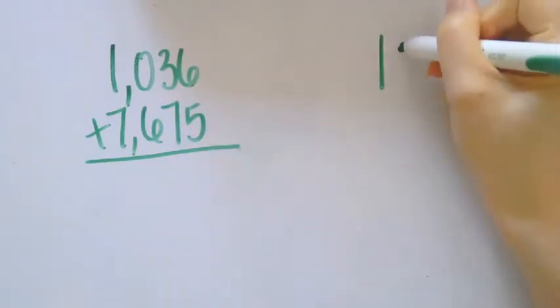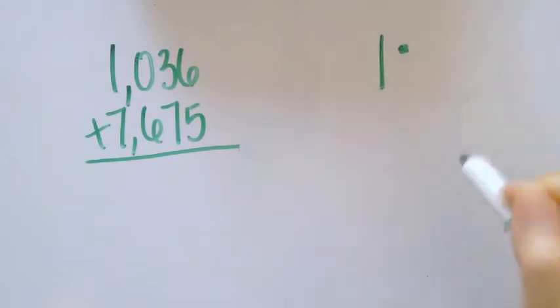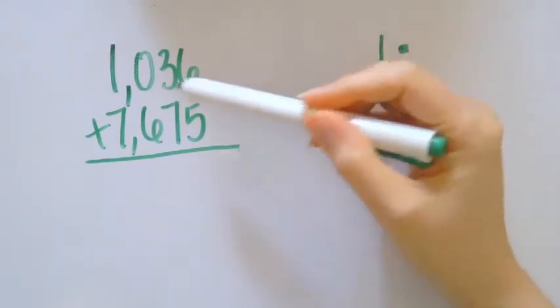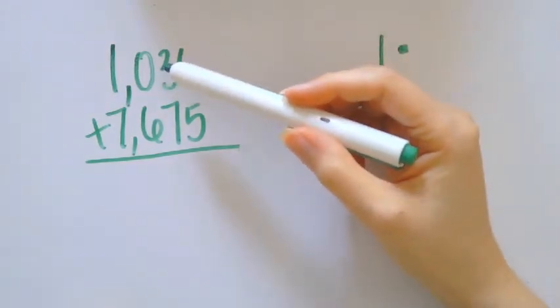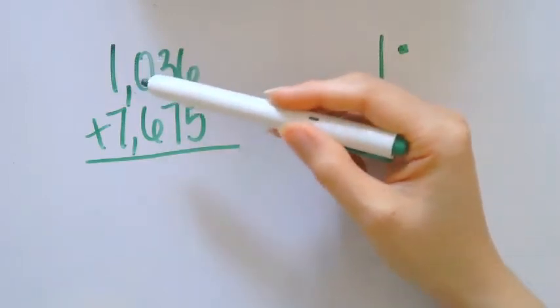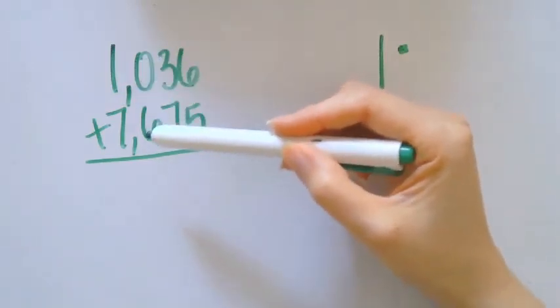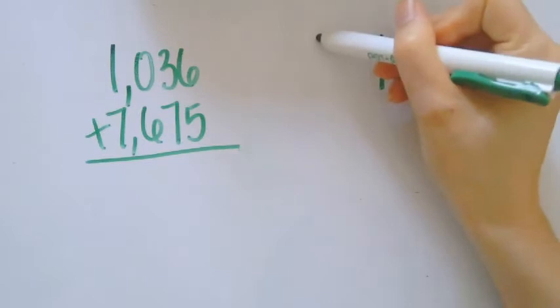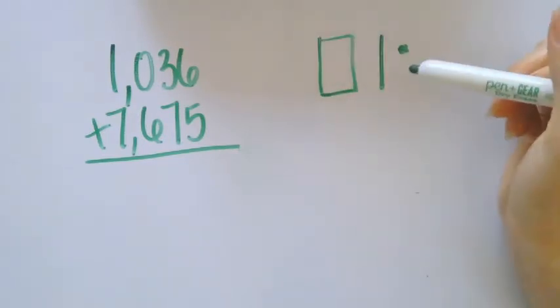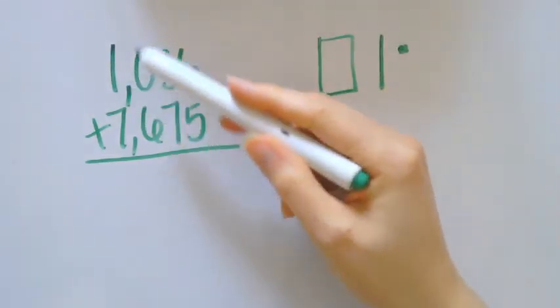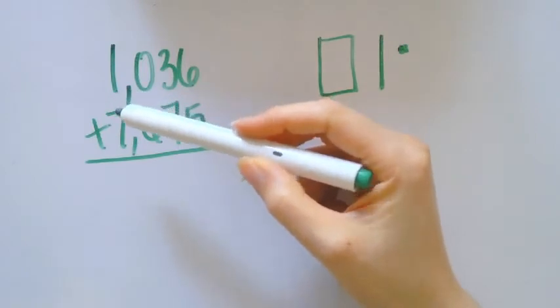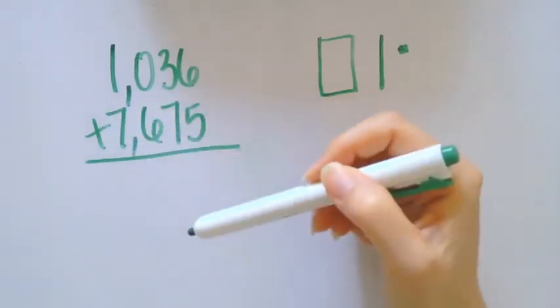Okay, so sometimes these little squares will actually look like this, but I thought the dot would be faster. All right. And in our hundreds place, we see 0 hundreds and a value of 6 hundreds. And then our thousands place represents 1,000 and 7,000.